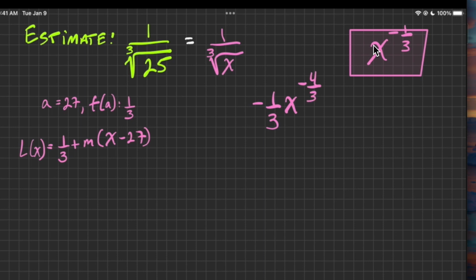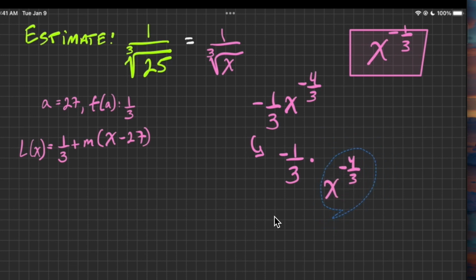All right, so let's simplify this. Let's change this to negative 1 over 3 times x to the negative 4/3 over 1. Let's now bring this into the denominator, and when we do that, we're going to change the sign of the exponent. So let me bring this down like so.